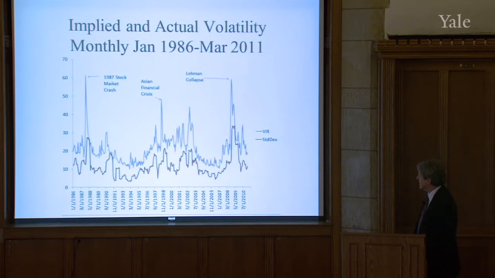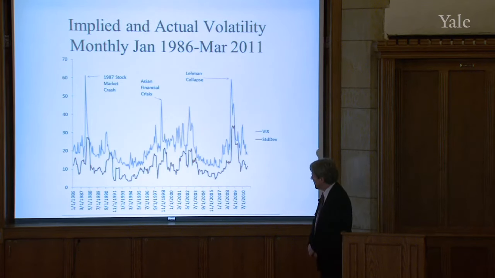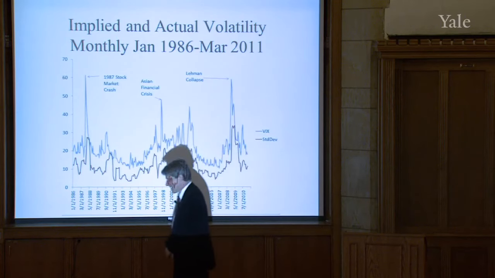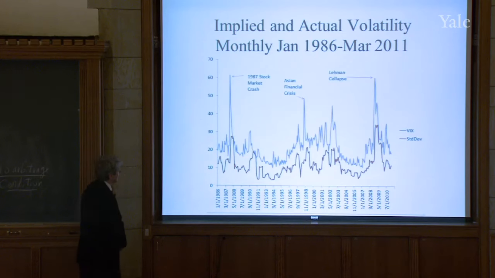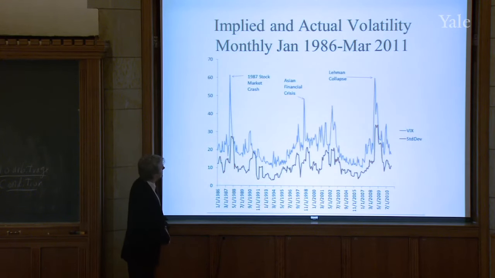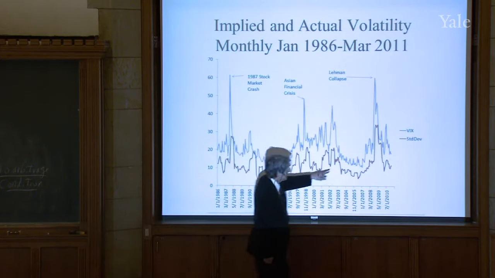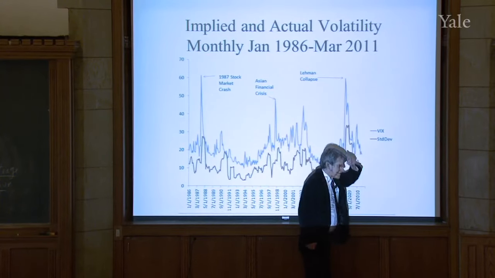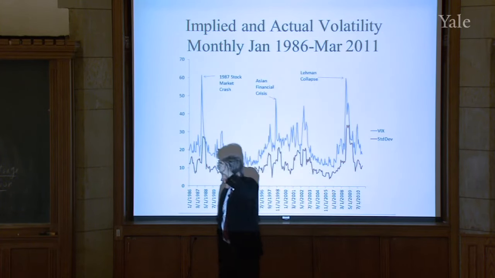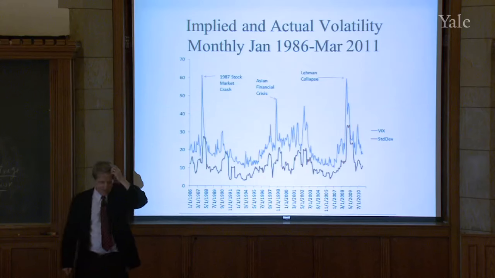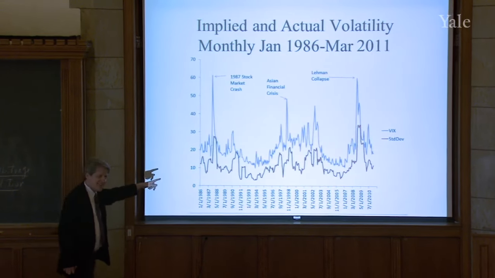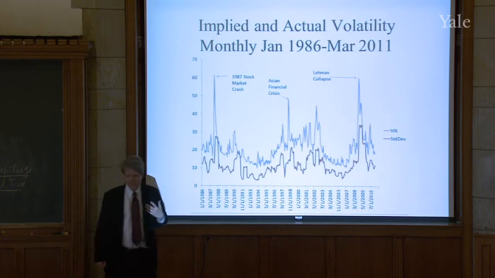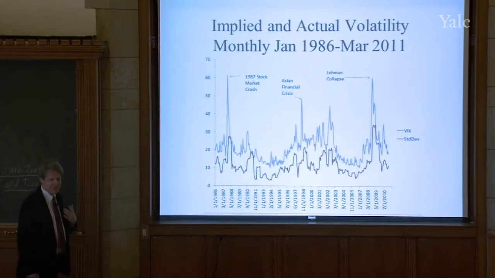And I have that here on this chart. What I have here from 1986 to the present with the blue line is the VIX, which is computed now by the Chicago Board Options Exchange. When the CBOE was founded, they didn't know how to do this. Black and Scholes invented their equation in response to the founding of the CBOE.